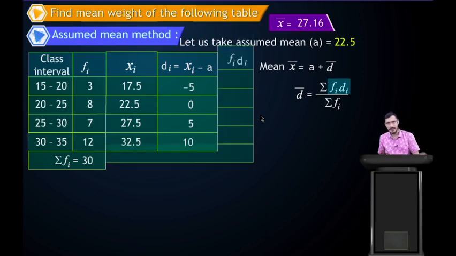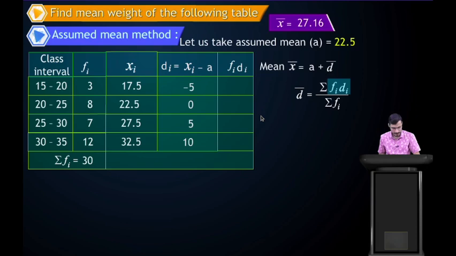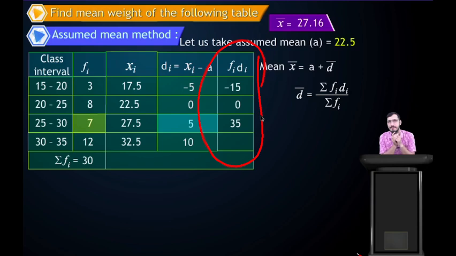Now find fi di. How can we find fi di? Yes, the multiplication of the f and d columns. 3 into minus 5 is minus 15. 8 into 0 is 0, and 7 into 5 is 35. Now 12 into 10 is 120. So that is our fi di column.